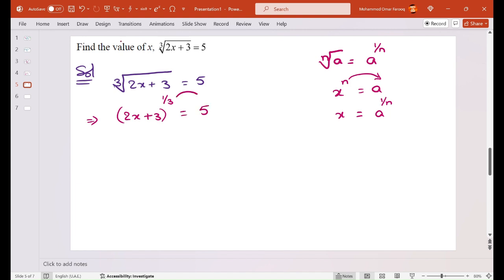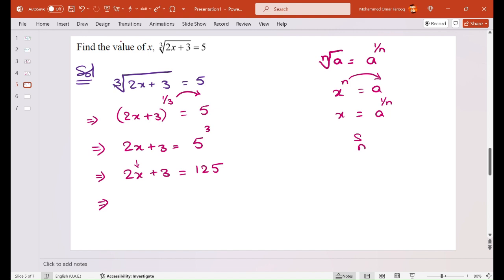When you transpose 1 by 3 to the other side in power, what happens? 2x plus 3 equals 5 to the power of, it becomes reciprocal, that means 5 cube. So 2x plus 3. What is 5 cube, my dear students? 5 into 5 into 5, 125.